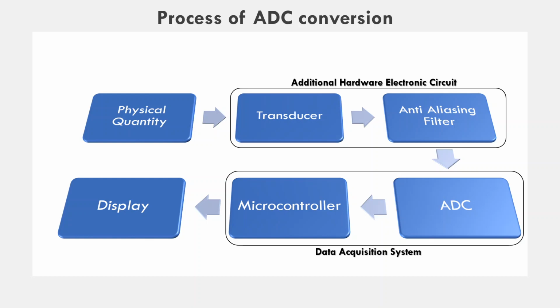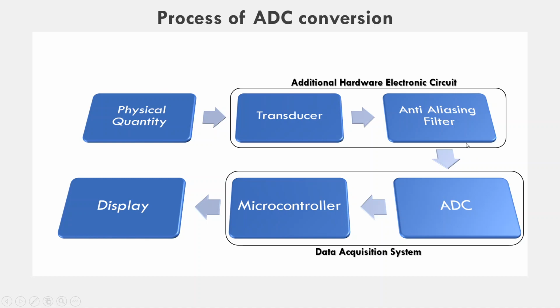This is the process for ADC conversion in the real world, where the physical quantity is sensed by the transducer, and further processed by anti-aliasing filters. Generally this is a combination of additional hardware circuits, also known as the signal conditioning circuit.